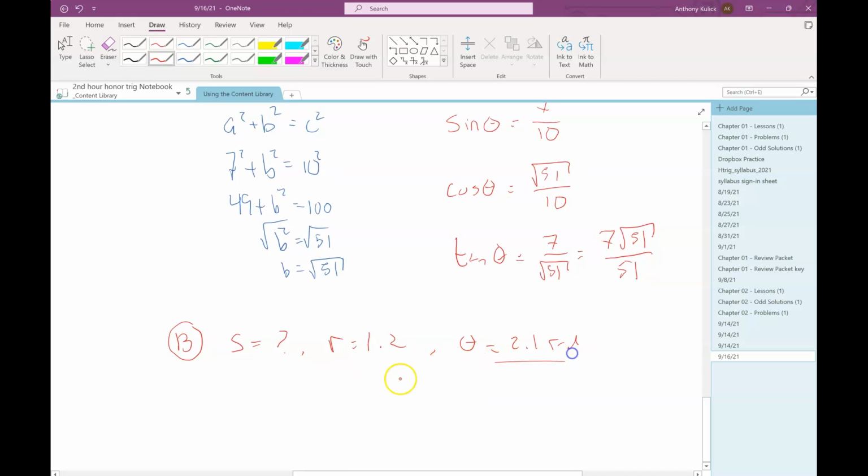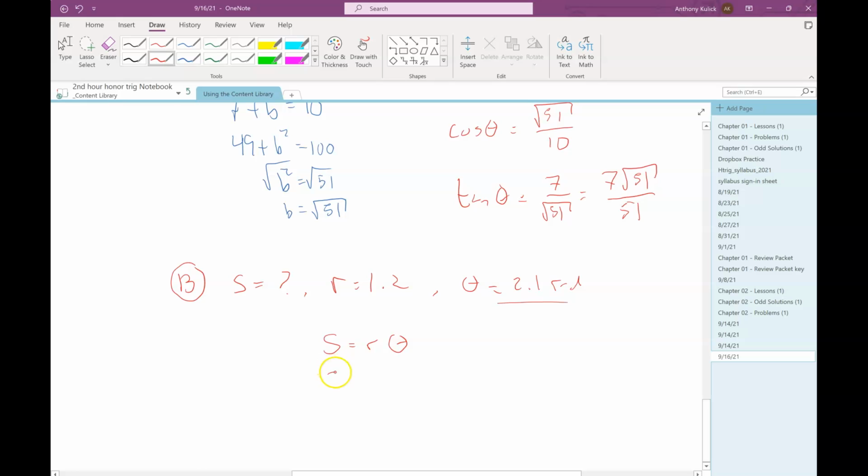Because we're in radians, I'm just going to use S equals R theta, and plug in my value for R and my value for theta, and that's it. It's just using S equals R theta, the appropriate version of that formula depending on whether you're in degrees or radians, to solve for the third part, over and over again.